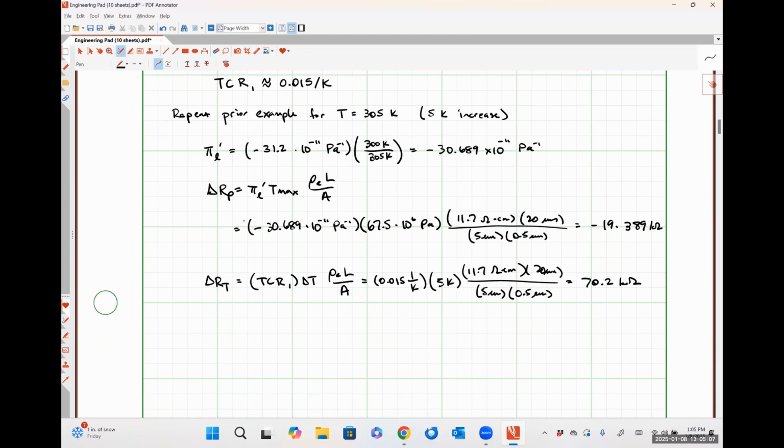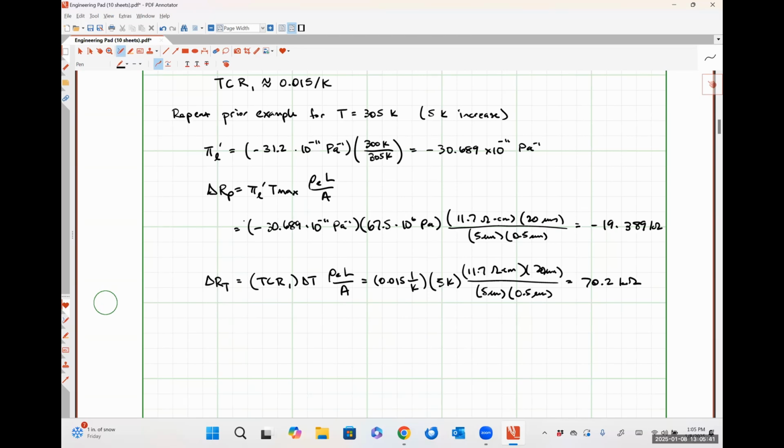The problem, as it were, is that the temperature effects are roughly 3 times larger than what we're seeing due to our beam being deformed. So as a piezo-resistive sensor, this isn't working out so well for us because any change in resistance that we're seeing due to the beam deforming is actually being significantly outshone by the change we're seeing because the temperature is slightly higher.